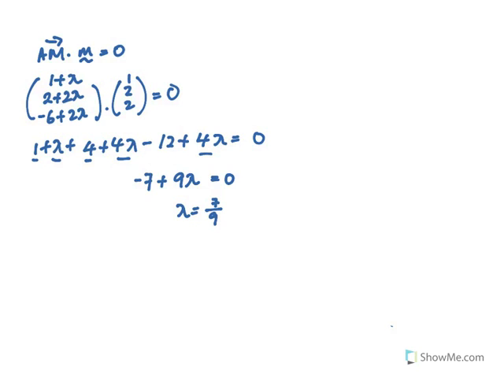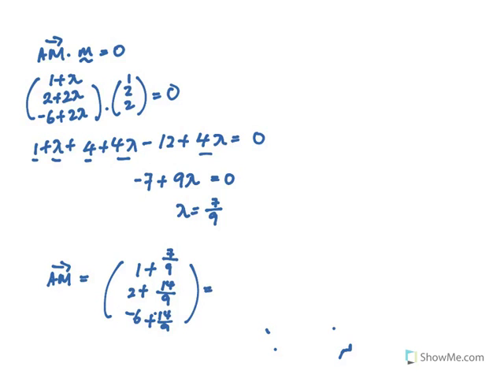This means that our AM will be equal to (1 + 7/9, 2 + 14/9, -6 + 14/9). Quickly, that is 1/9 of (16, 32, -40).